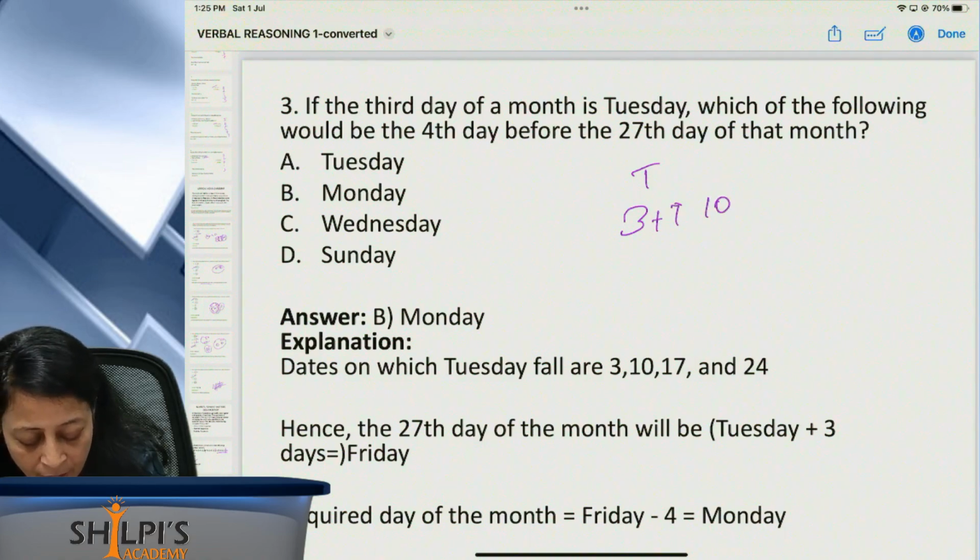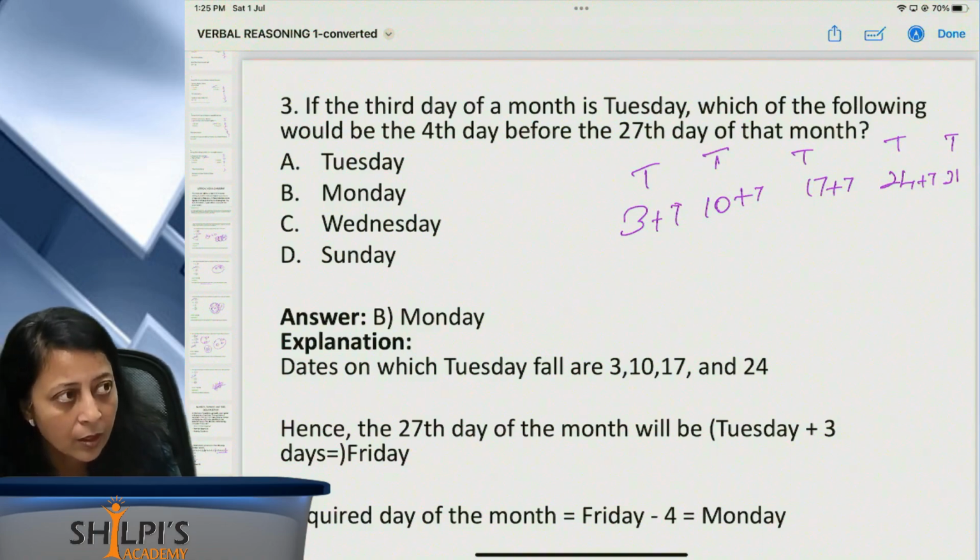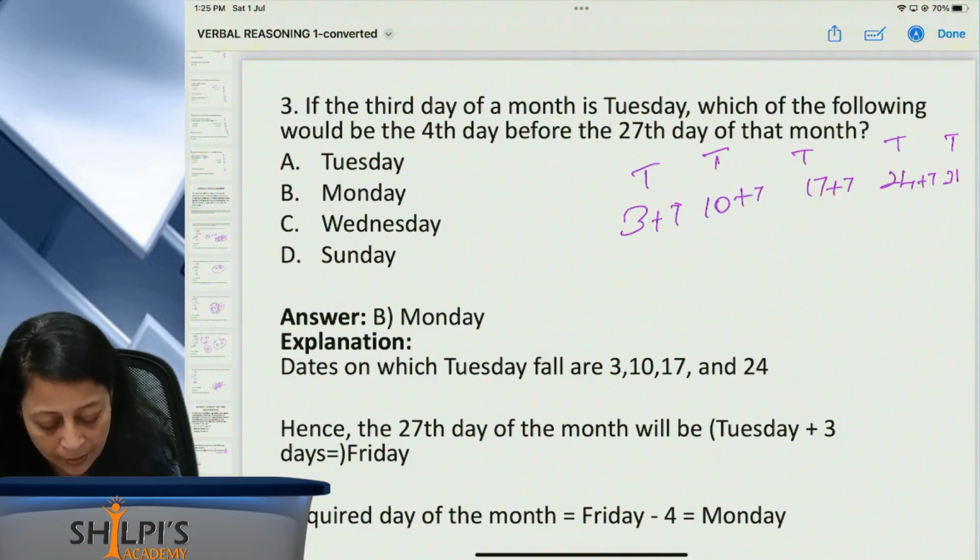So 10 will be the next Tuesday, plus 7, 17 will be the next Tuesday, plus 7, 24 will be the next Tuesday, then plus 7, 31 could be the next Tuesday. So we found out the Tuesdays of a particular month.